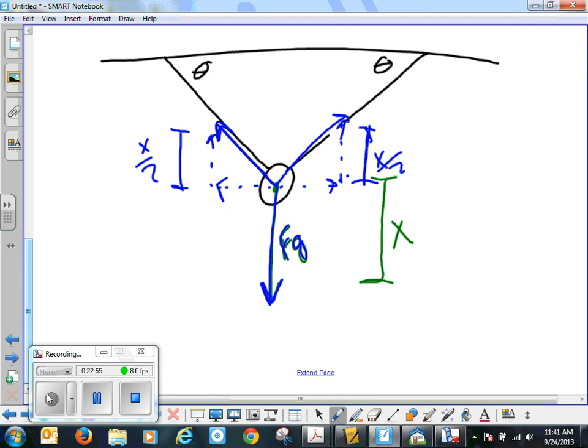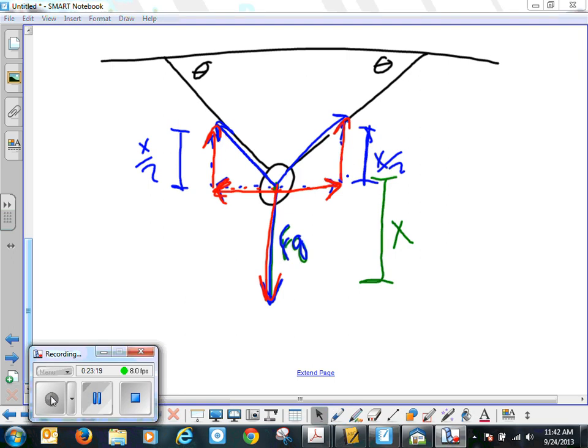There's no motion left to right either, so the X part is canceled out by the X part of the other tension. The pull from the tension here is canceled out by the pull from the tension here, and then the tension up here plus the tension up here equals the force of gravity.